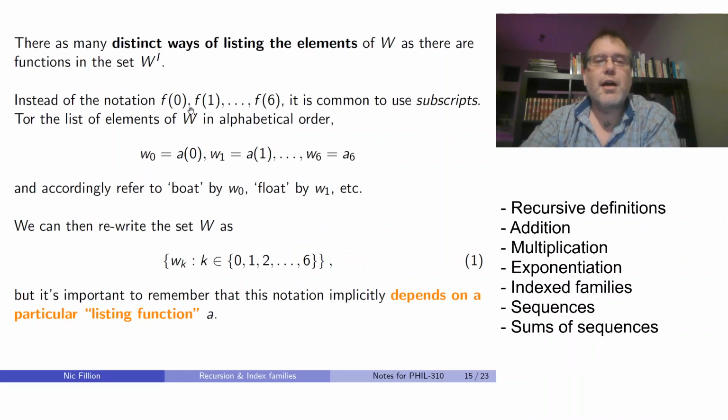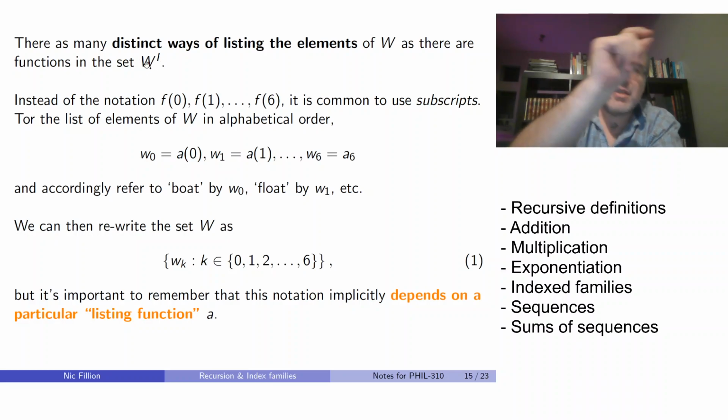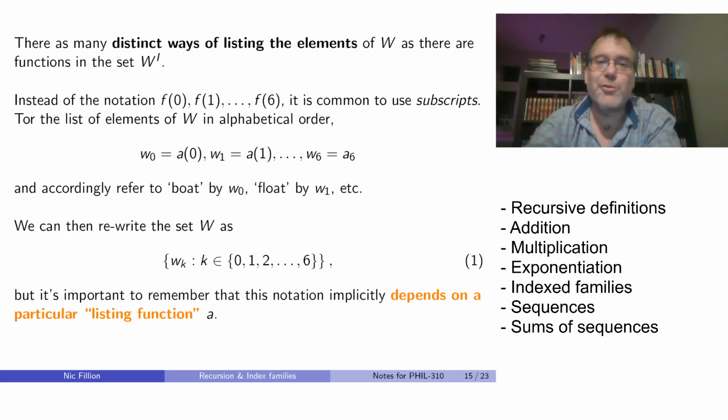Often, though, we use the subscript notation. So here I've used, instead of f, the first ordering we gave, a, for the alphabetic order, right? So for a of 0, we're going to take w, small w. Why w? Because the set is called big W, so we think of its elements as small w's, right?